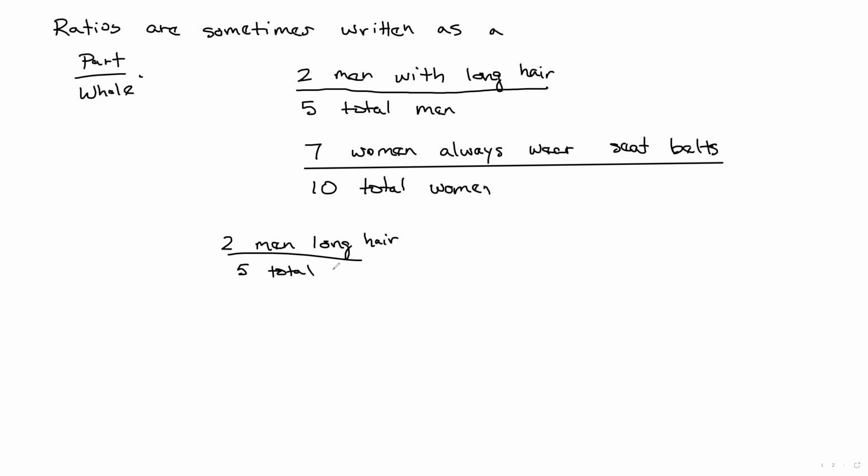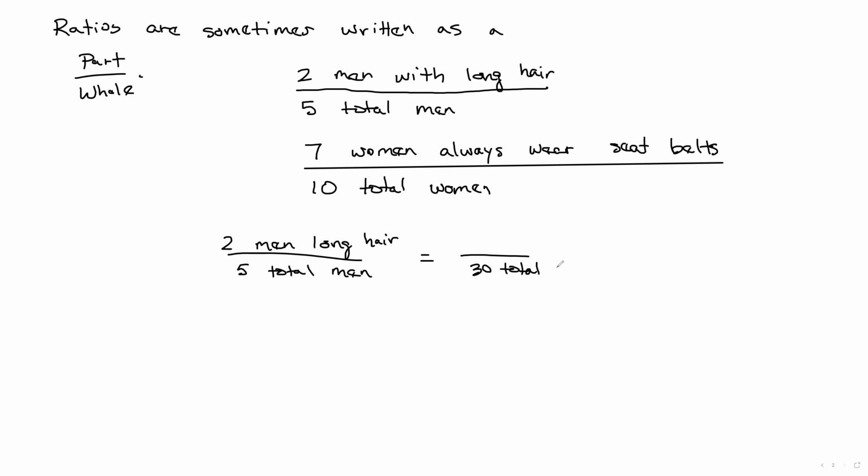And let's say I went through and I had 30 total men, how many would have long hair? So you can solve this using a proportion by putting X in the top here. So you've got 2 men with long hair out of 5 total men, and you want to know how many men would have long hair if we had 30 total men.